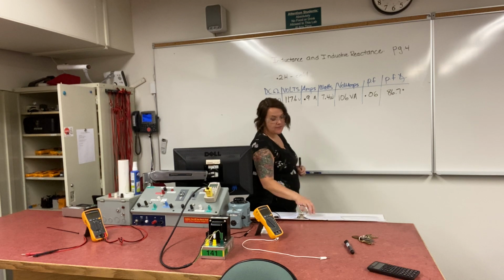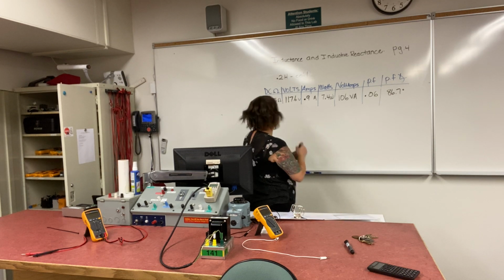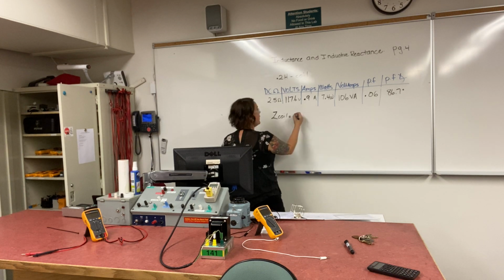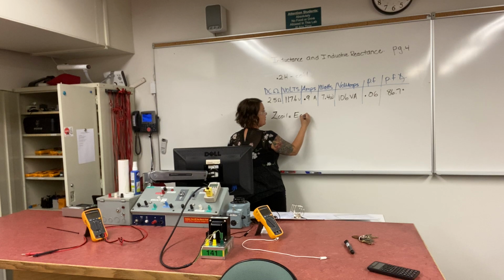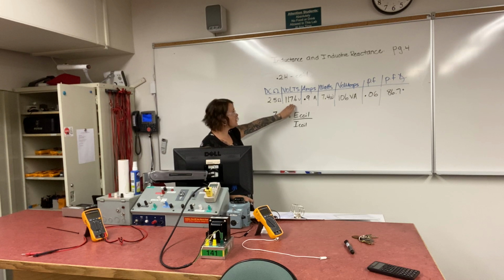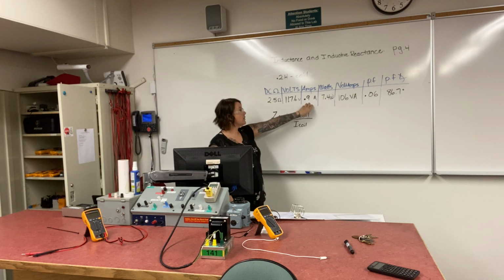It states to find the impedance of the coil, so Z coil equals E coil divided by I coil. 117.6 was the voltage across the coil, and the current through the coil was 0.9.